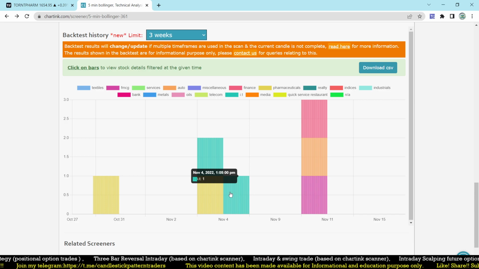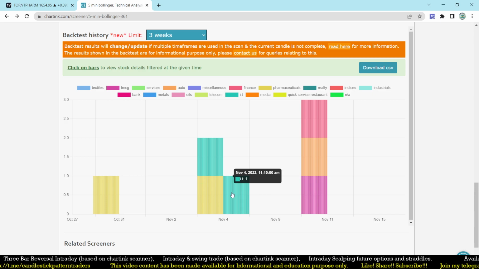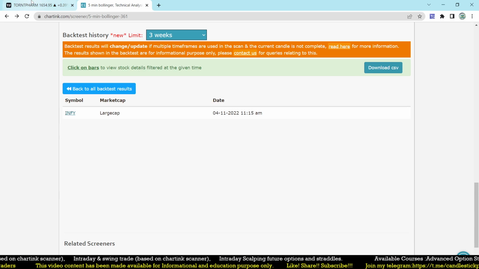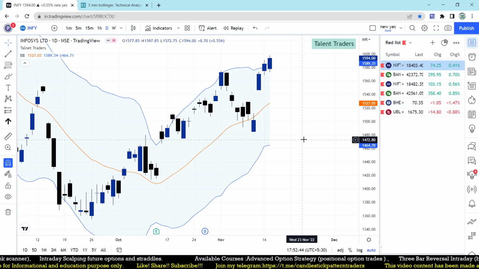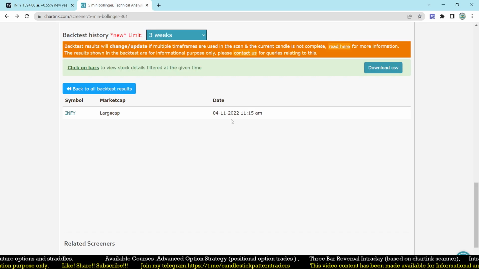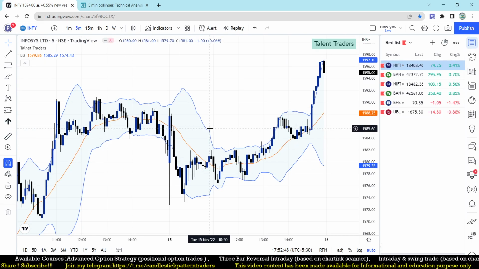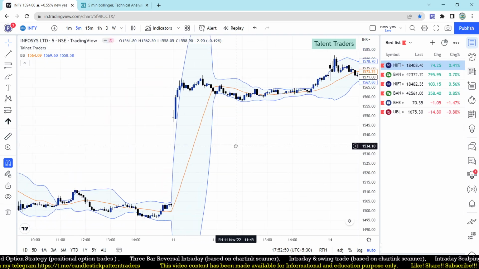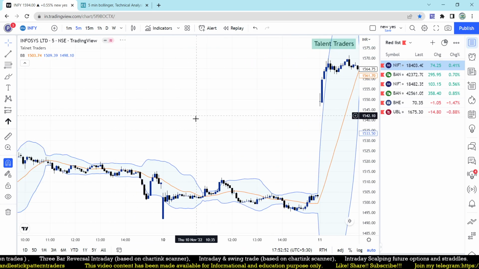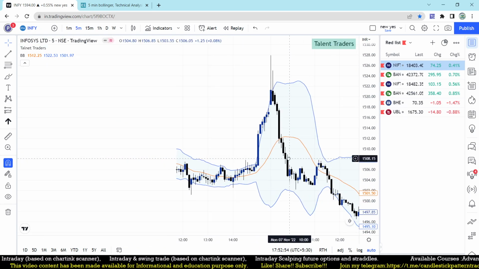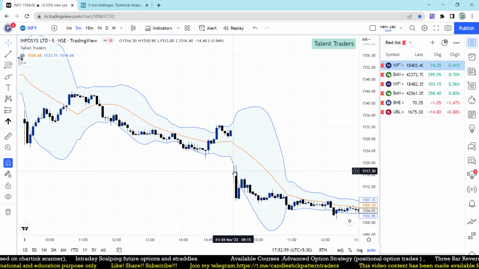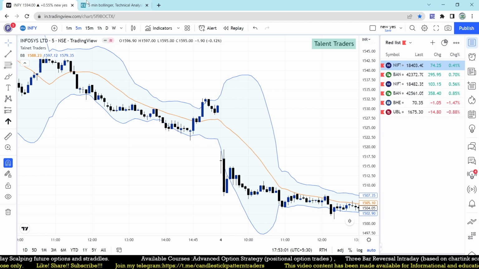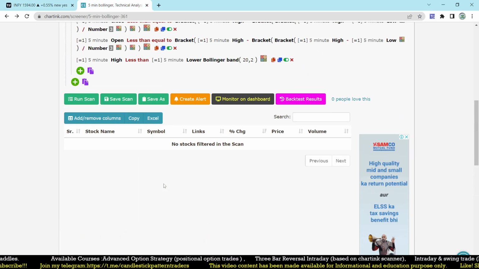All three scanners are running on 4th of November. Available, that is Infosys. What is happening on Infosys on the 5 minutes time frame on 4th November? Only that 3 is not working, so I will update the scanners.